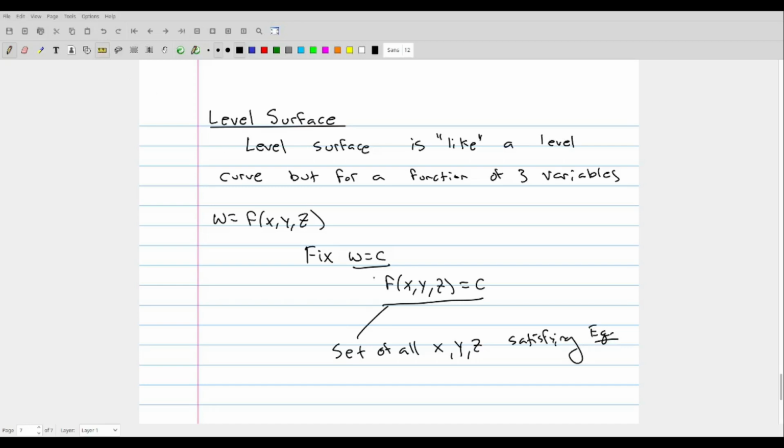The set of all points x, y, z that satisfies f of x, y, z equals c is called the level surface of the function f corresponding to the value c.